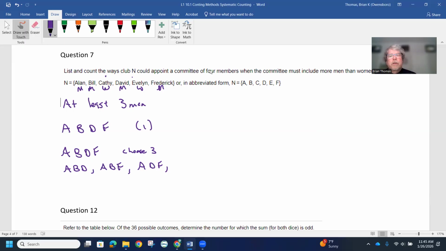Let me pause to see if there's another one missing there. So it looks like we got all the A's, but then we could also do BDF. So we could leave out Alan altogether. So we have 4 different ways to choose 3 men.